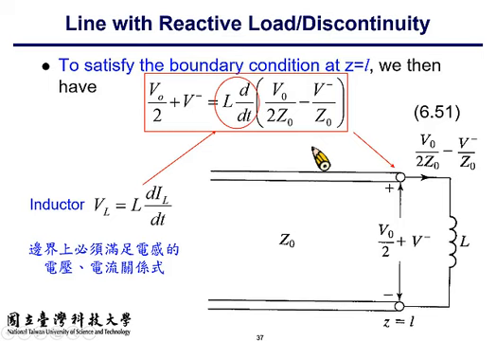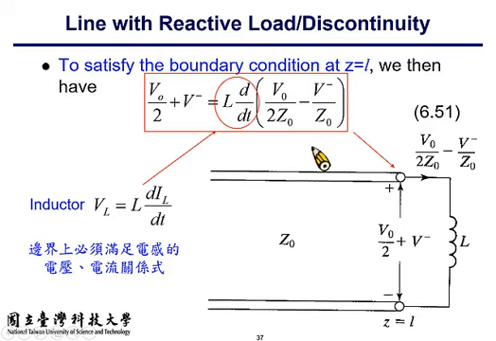That is V sub L, the voltage across the inductor, equals the inductance L times the time derivative of I sub L, the current going through the inductor. Okay, so it's a little bit more complicated than a resistive load. For inductors, V equals L times the time derivative of I. So you need to supply this relationship to the equation above.